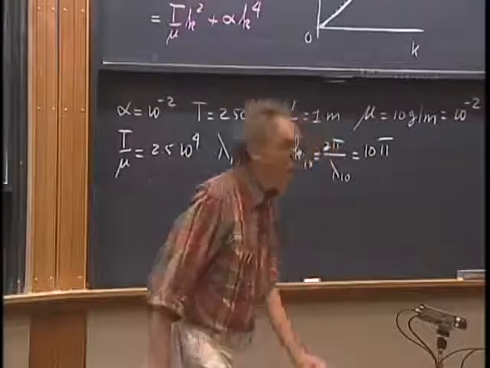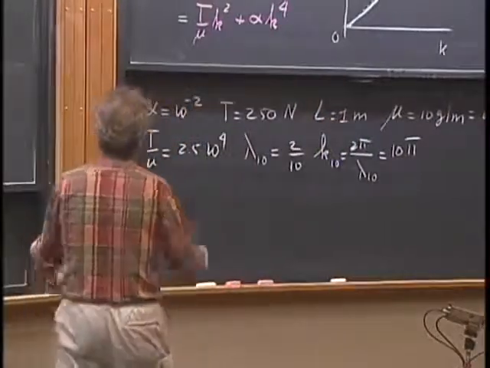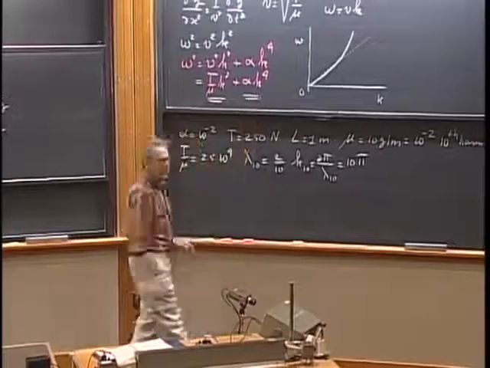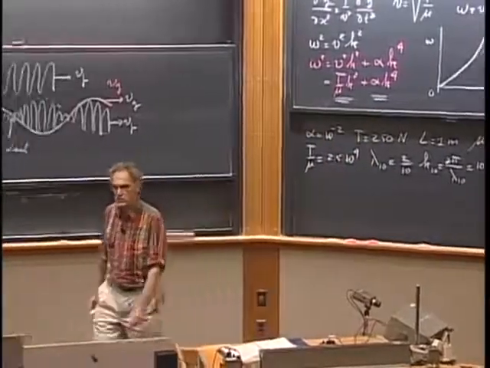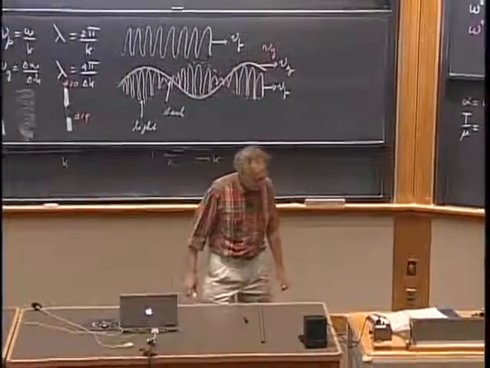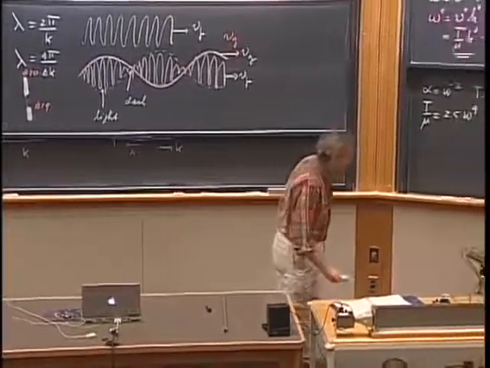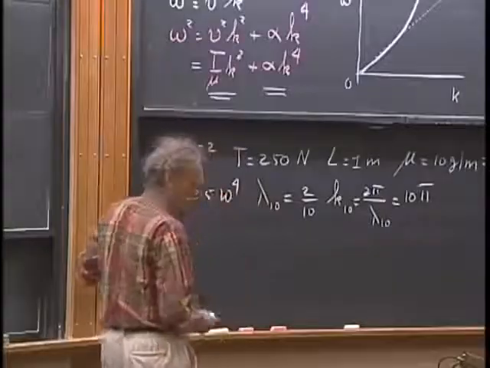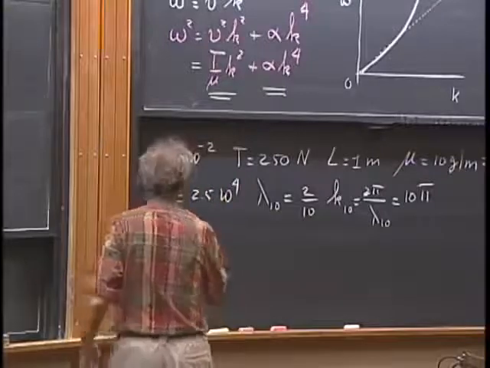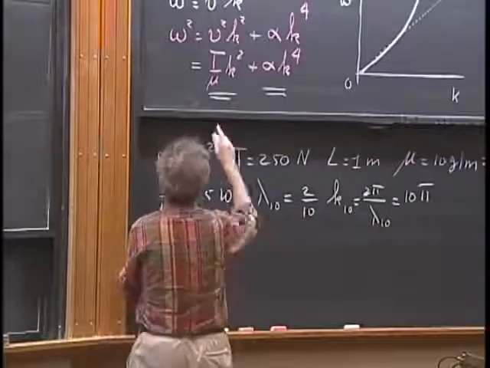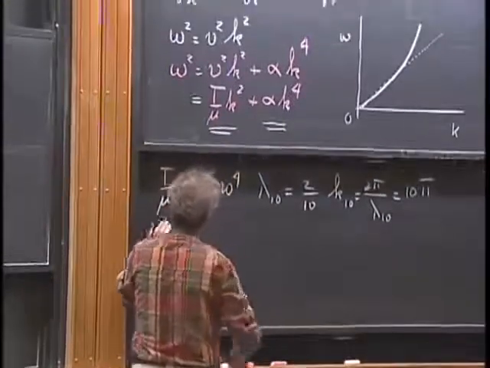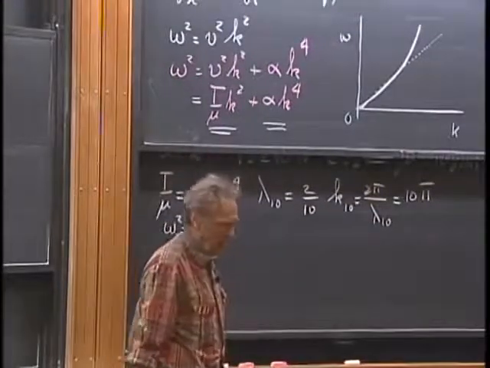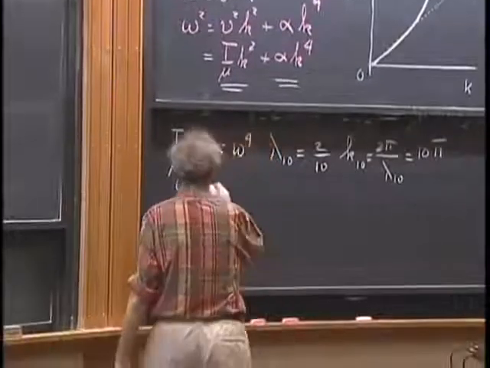And so now I have all the ingredients to compare this omega squared term with that term to see by how much the frequency changes over the case where we had no dispersion. So this first term, and you can check that of course for yourself, so I will write down omega squared again, is T over mu, and then I have to multiply it by k squared, and then I find 2.5 times 10 to the 7th.